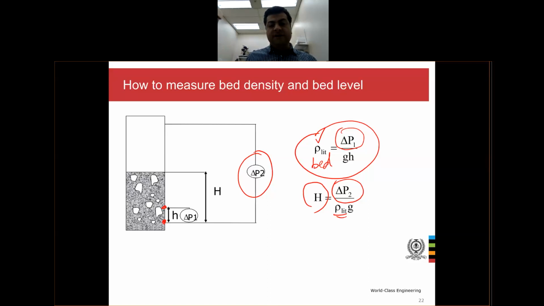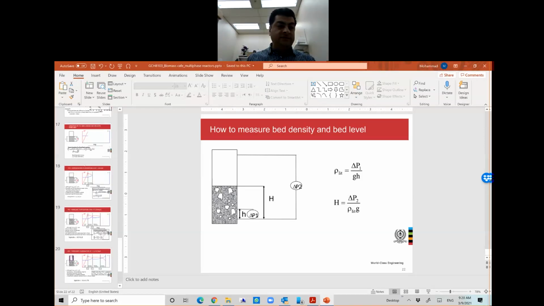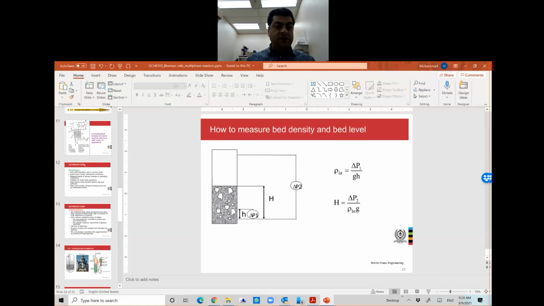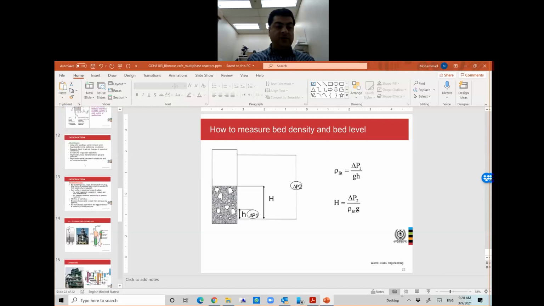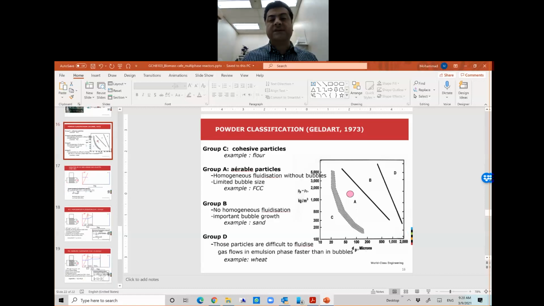So this was a very simple introduction to fluidized bed reactors. I hope you could get some ideas about what the most important parameters in fluidization are. As I said, the most important parameter in gas solid fluidized bed reactors is really the classification of particles.